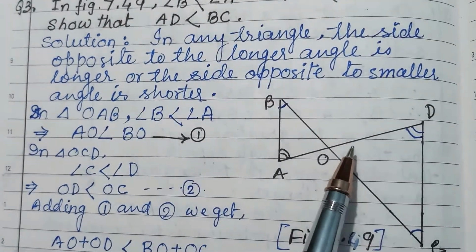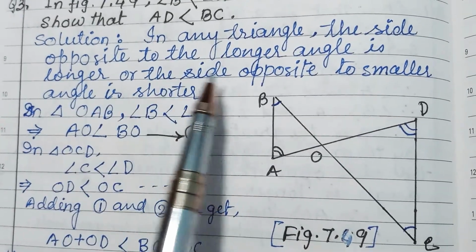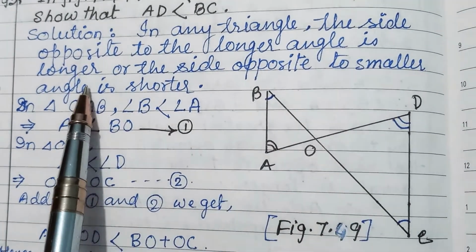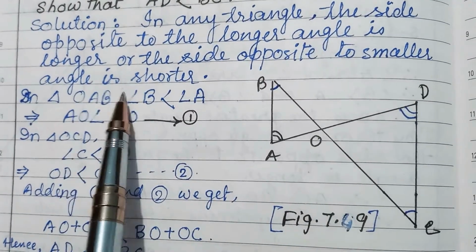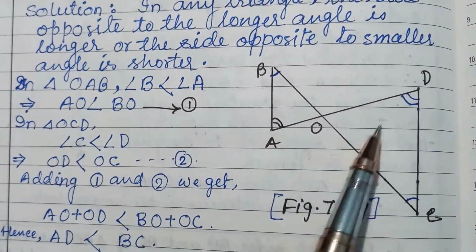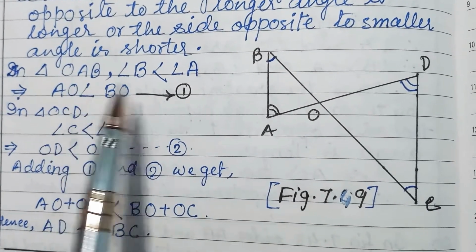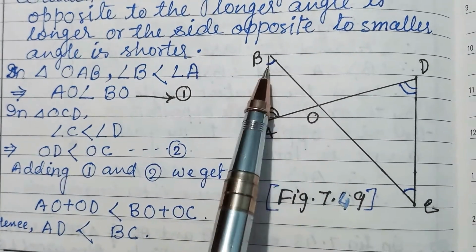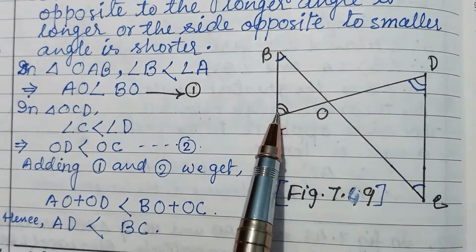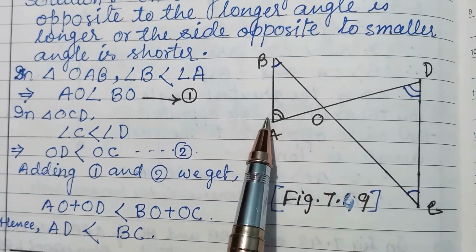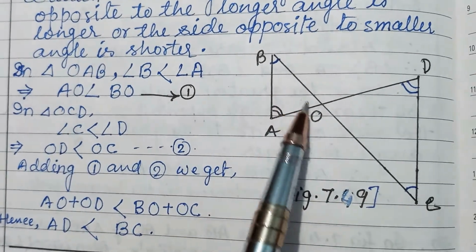Now, in any triangle, the side opposite to the greater angle is longer, or the side opposite to the smaller angle is shorter. In this triangle OAB, angle B is smaller than angle A. Therefore, its opposite side OA is smaller than OB.